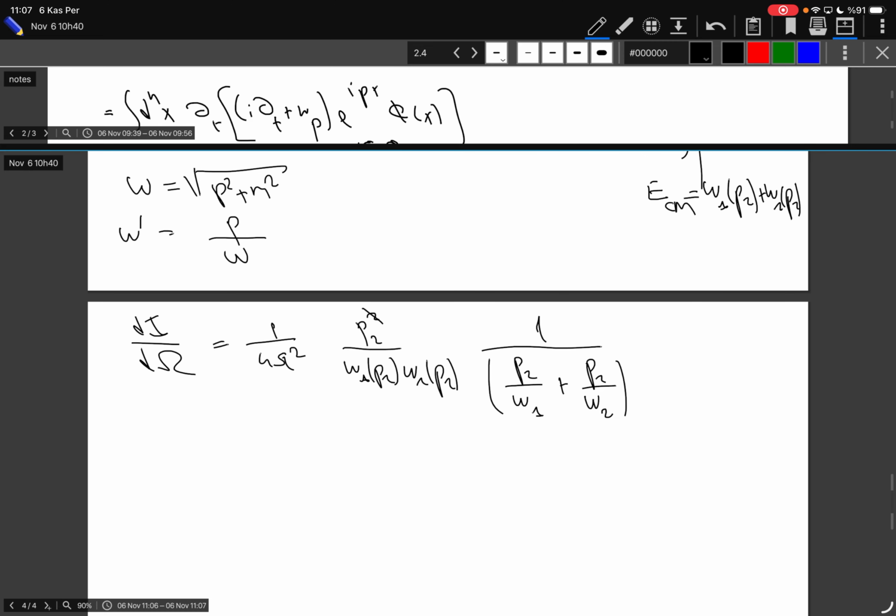Well, one of these P2s cancelled with P2 squared, and then I have 1 over 4 pi squared P2 over omega 1 plus omega 2, which is 1 over 4 pi squared P2 over E center of mass.